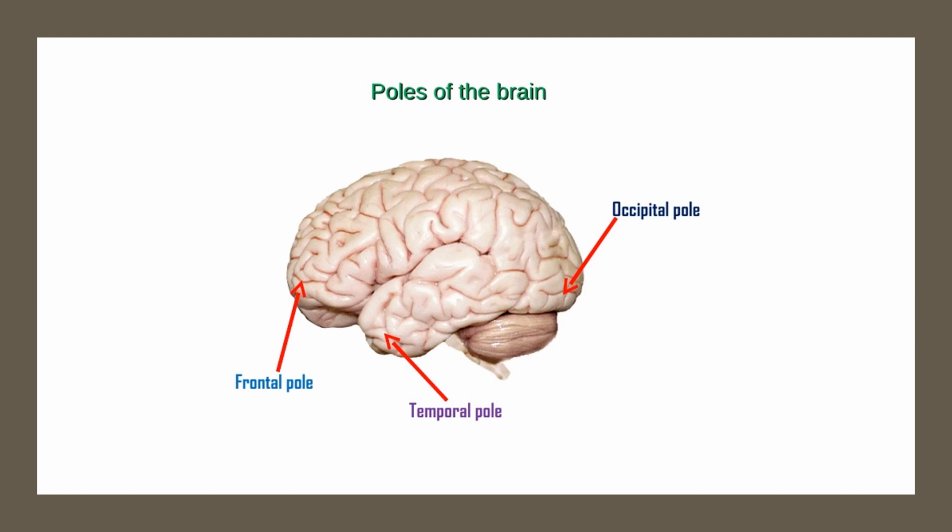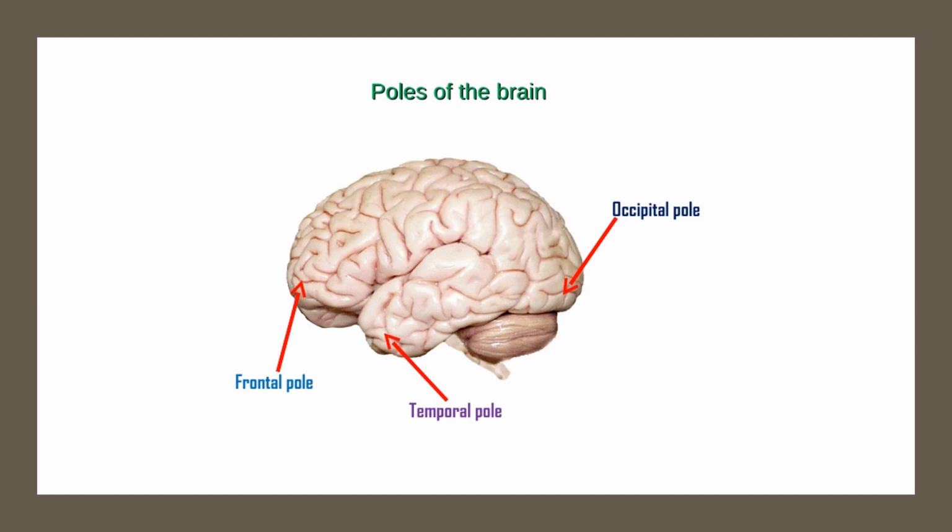First we will see the poles. Each cerebral hemisphere presents three poles, as you can see from the picture: frontal, occipital and temporal. The frontal pole is at the anterior end of the hemisphere. It lies opposite the medial part of the superciliary arch.